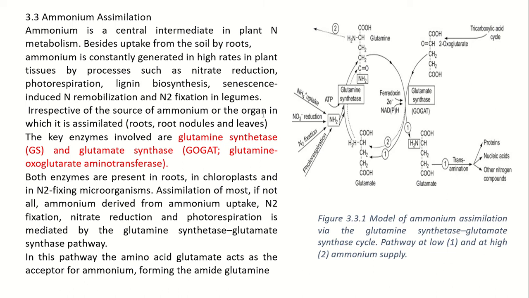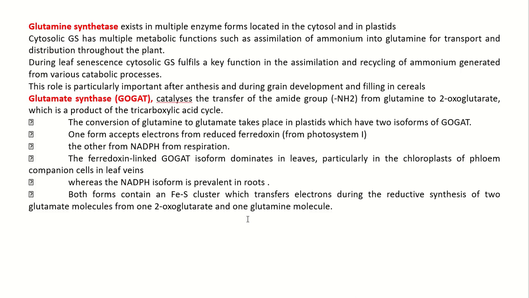So in this pathway, the amino acid glutamate acts as a receptor for ammonium, forming the amide glutamine. Now for the two enzymes, we will study their roles, how they are located, and where they are synthesized.